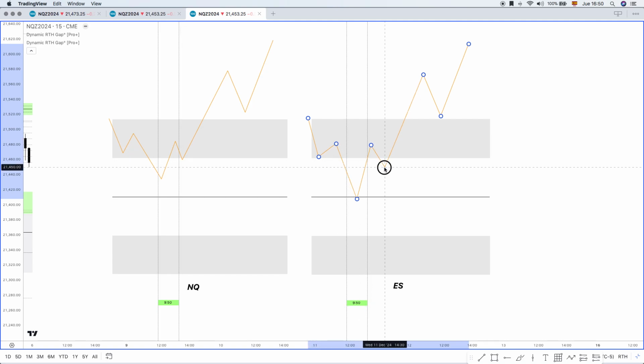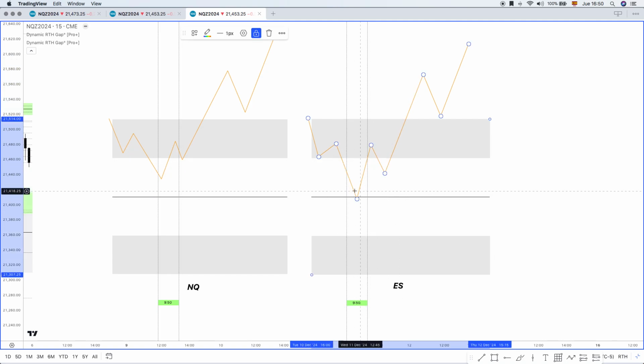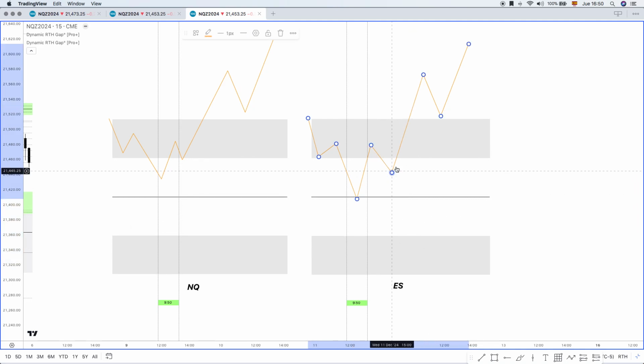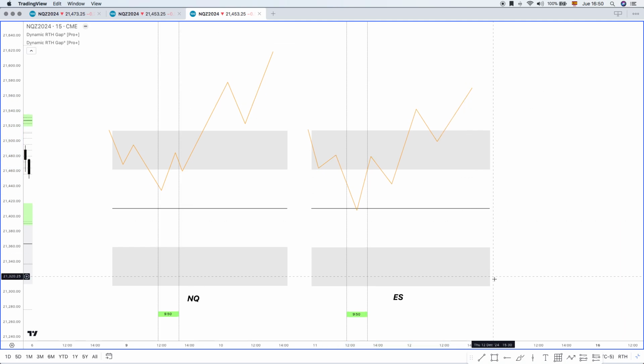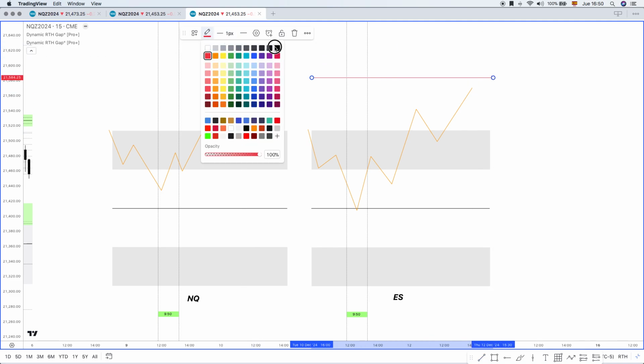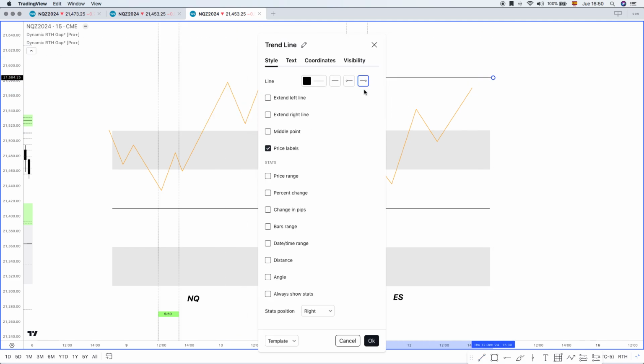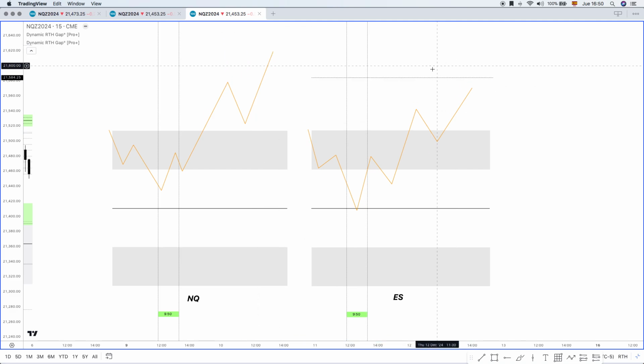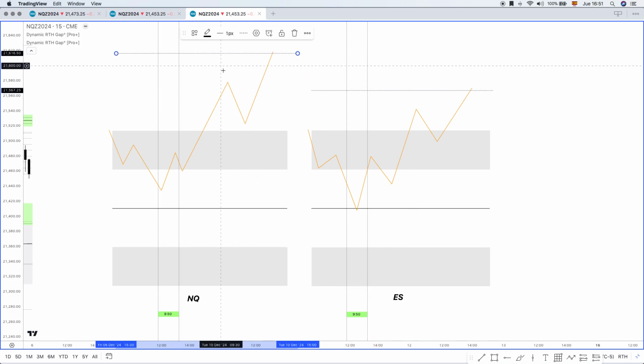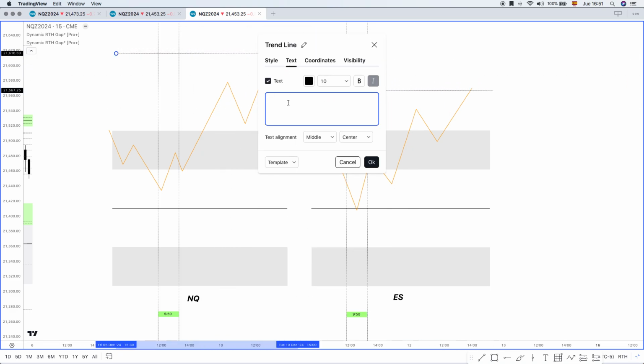We reach in the macro the consequent encroachment of the gap, and price reaches only, I don't know, imagine here above the market we have one standard deviation here, like this, and Nasdaq reaches 2 deviations of the gap.